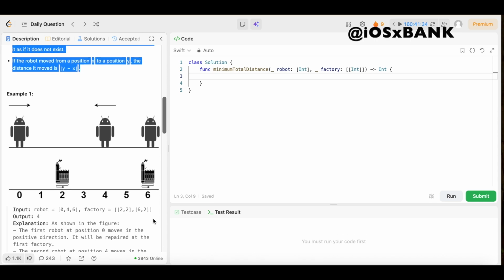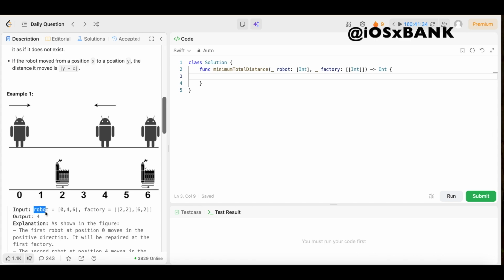So let's go ahead and take a look at these examples just to make sure that we are doing this problem correctly. In example 1, we have our input array robot, and we have robots at positions 0, 4, and 6. Our factory input is a 2D array. The first array is [2, 2], which means we have a factory at position 2 with a limit of 2.